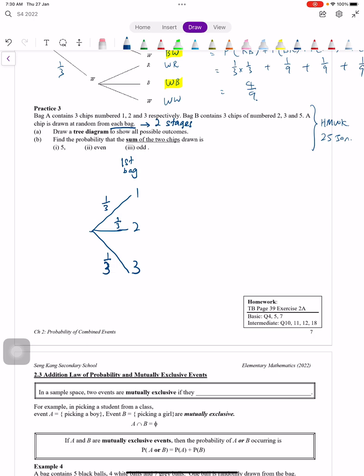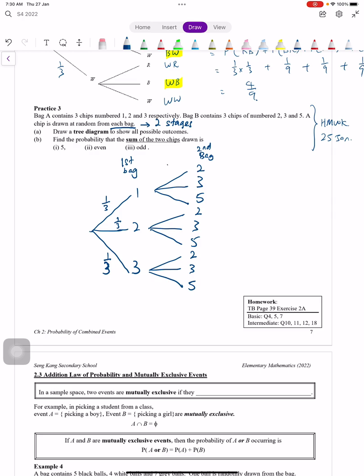Now the second stage, it says bag B. Bag B also has three chips, so it looks somewhat like that. Inside bag B, in the second bag, I have three chips as well, numbered 2, 3, and 5.